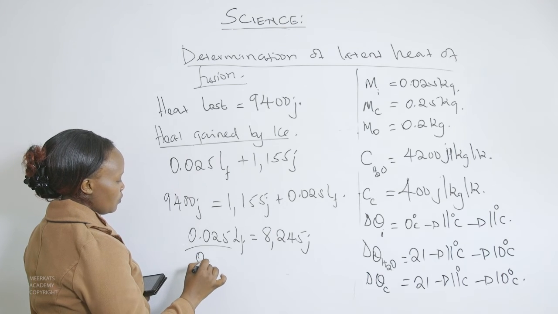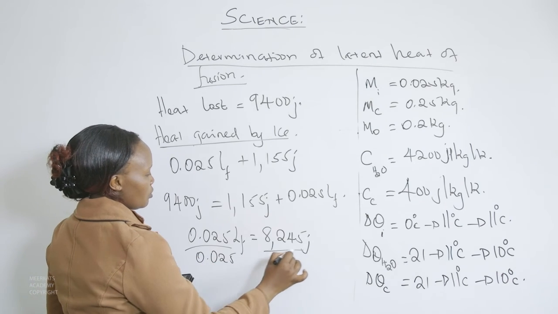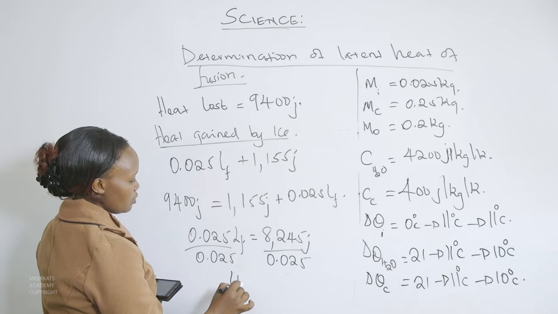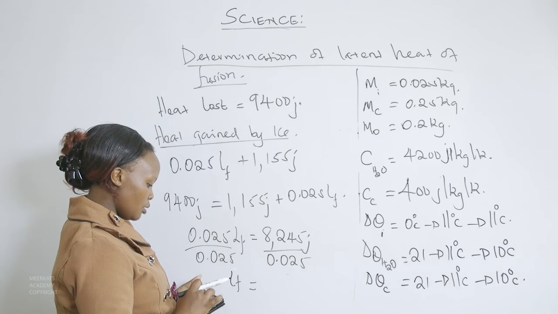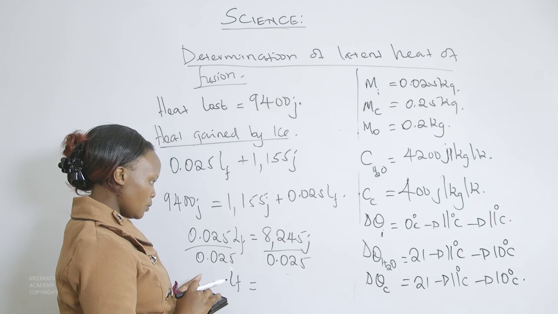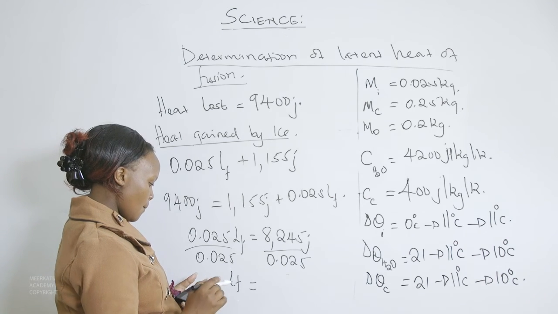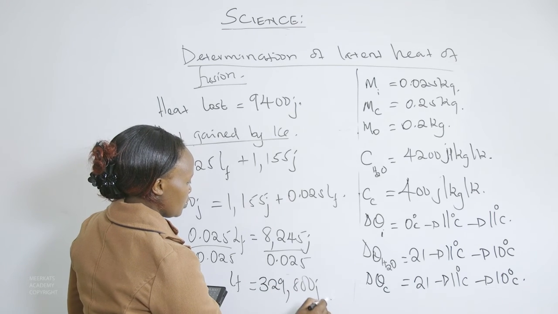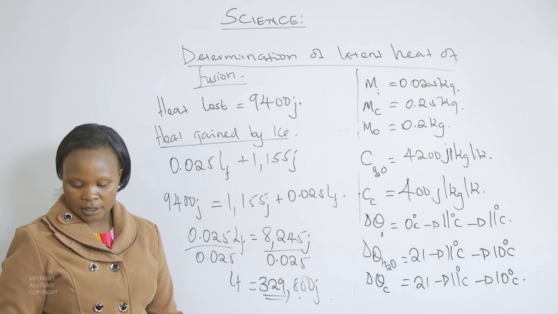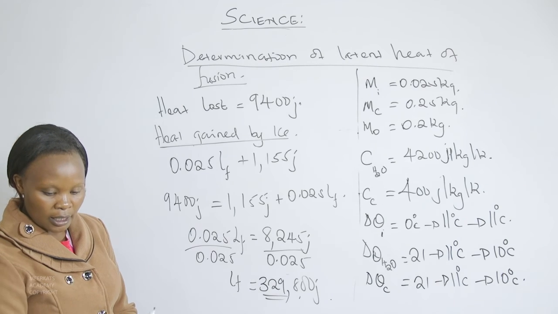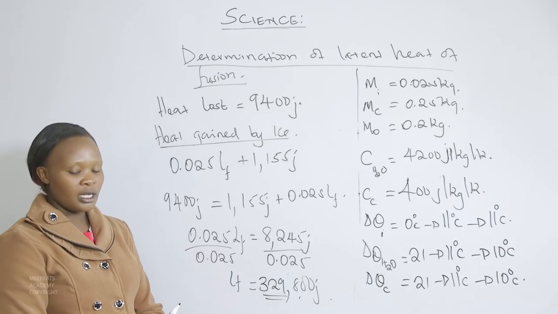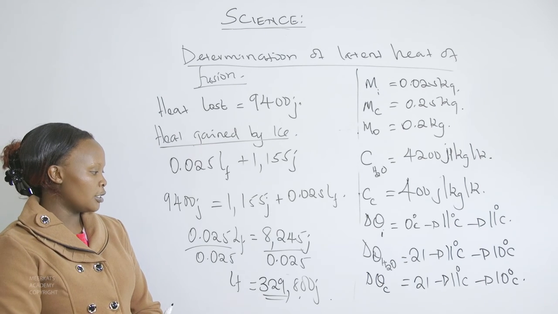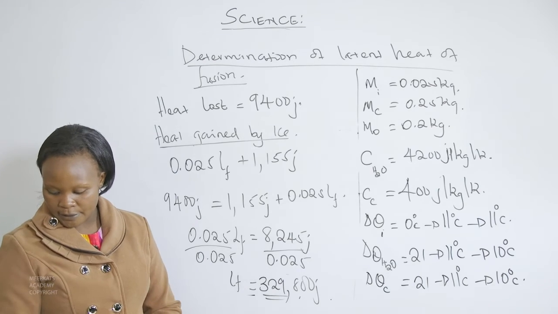Then we can divide out by 0.025 so that now latent heat of fusion of ice is 329,800 joules. That is our latent heat of fusion of ice.